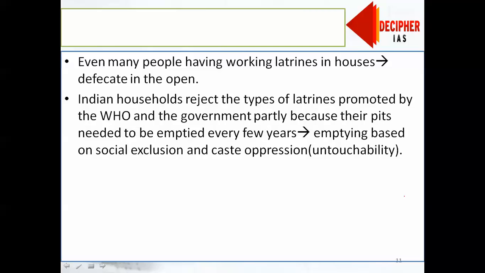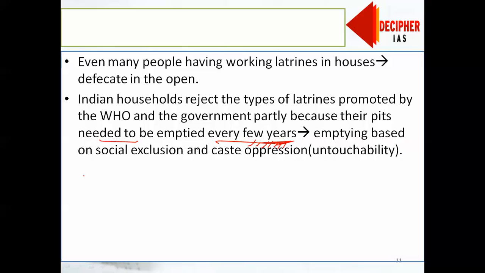Now, the toilets of the kind proposed by the WHO needed to be emptied every few years. That is, defecation goes on for a few years, then the pit gets filled and is emptied.